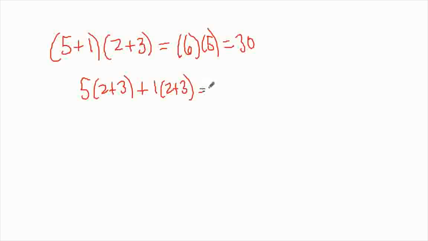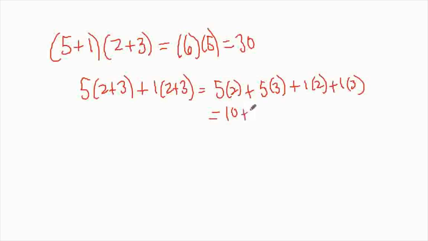Okay, and we know how to do each of those products, right? So let's go ahead and distribute 5 times 2 plus 5 times 3, and then the second one is 1 times 2 plus 1 times 3. Let's work that out. 10 plus 15 plus 2 plus 3, and lo and behold, we get the same answer.